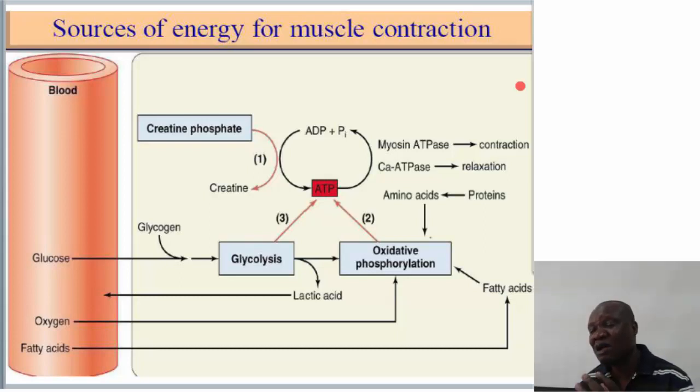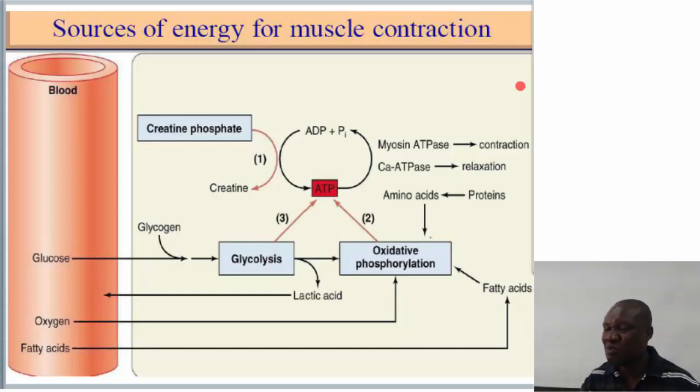Then we have glycogen. About 1% of the muscle weight is glycogen. Now, during muscular activities, glycogen is broken down to glucose 1-phosphate, and this goes through the glycolytic pathway.